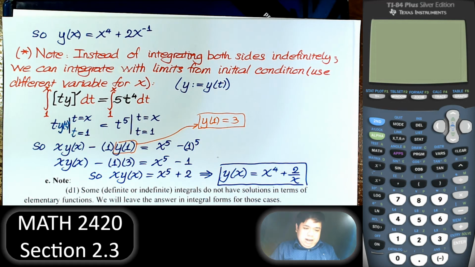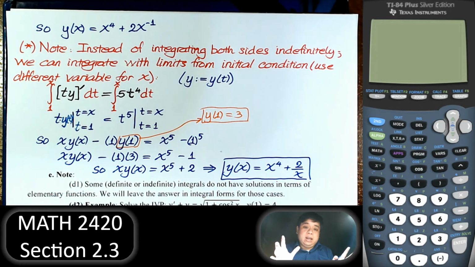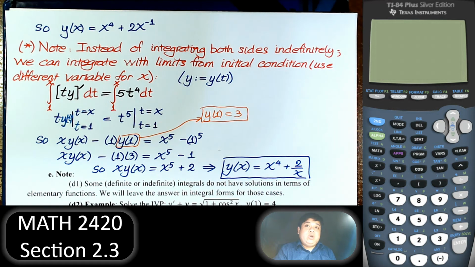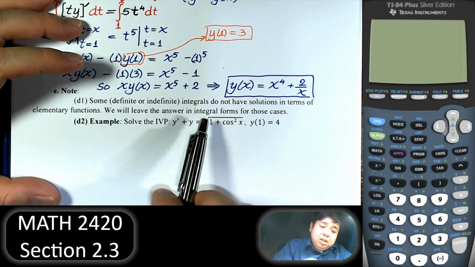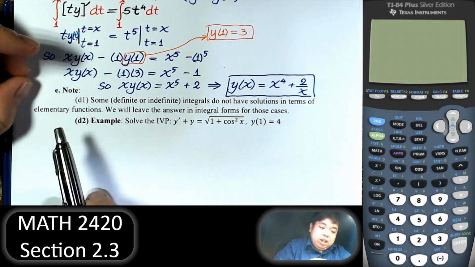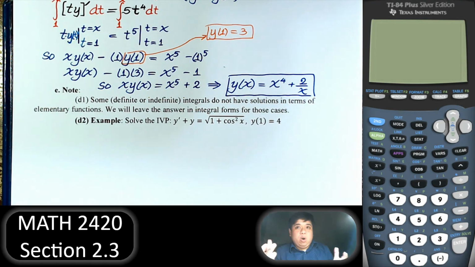Right. Now, the way we write it like this is actually very helpful, because sometimes we have a function that is extremely complicated like that, and then we cannot integrate. That's why I said sometimes the integral does not have a solution in terms of elementary functions, meaning that we cannot integrate using all the functions that we know, namely powers of x, trigonometric functions, exponential functions, logarithmic functions.